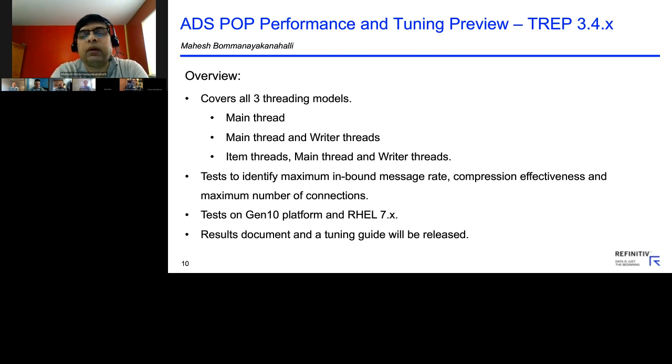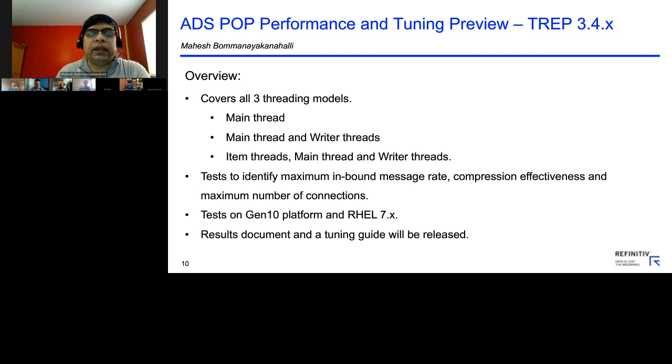And we will cover all 3 threading models. As many of you know, the ADS POP threading model started with just having the main thread do all of the work of getting the data from upstream, caching, conflation, all the features, and the last mile delivery to the client applications. So that was the lowest latency mode.